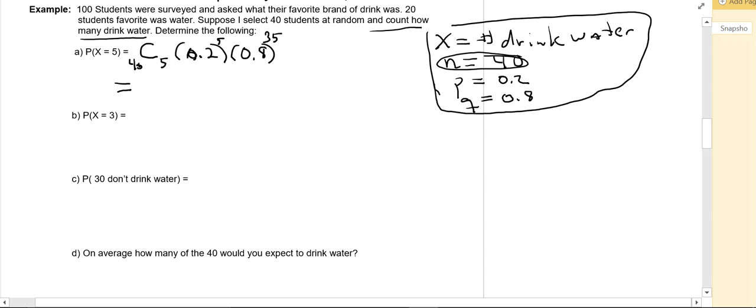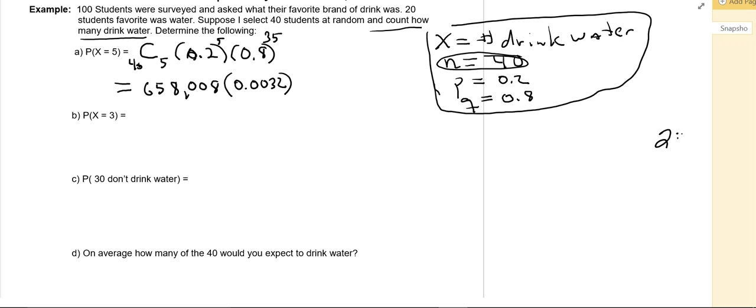Okay, you can go through the calculations, but each one of these is equal to the following. C of 40 pick 5 is 658,008. 0.2 to the 5th is 0.00032. Alright, so 0.8 to the 35th power. And this is where you do have to be careful about rounding, because some of these numbers can be very small.